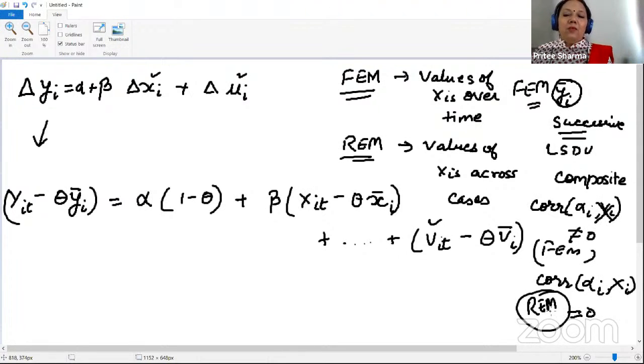So based on this, we did one thing, that is creation of composite error, because we know that xi's are not related to alpha i's. So we merged alpha i with the error terms. We created a composite error.